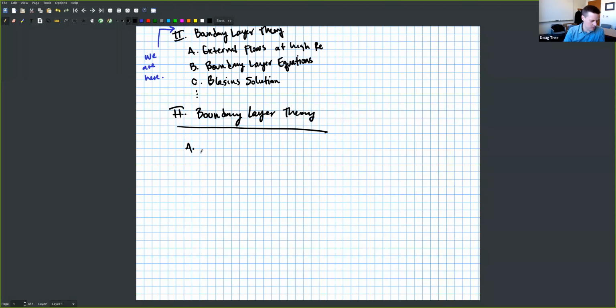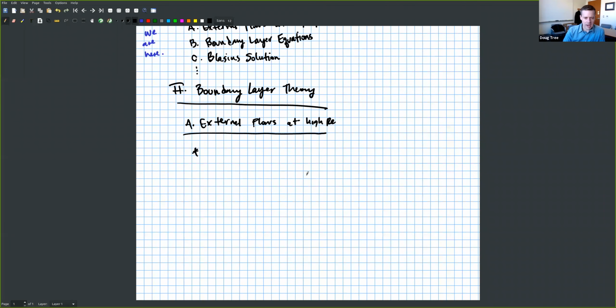And so we're going to sort of back up and see why that is. So we're going to talk about external flows at high Reynolds number. Okay. And so the boundary layer problem comes about in these kinds of external flows.